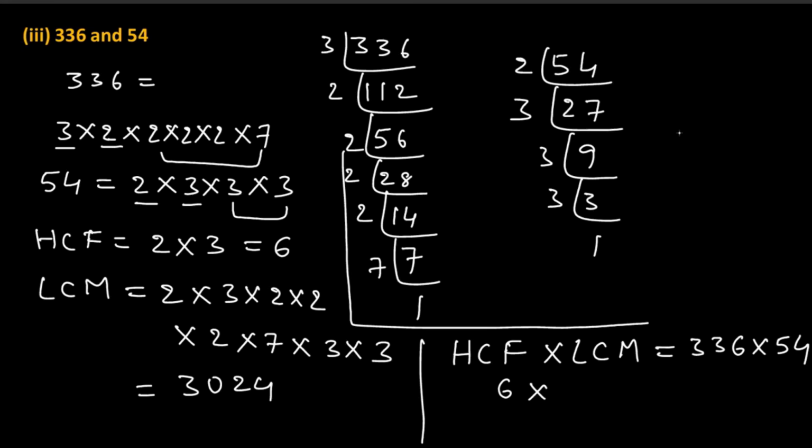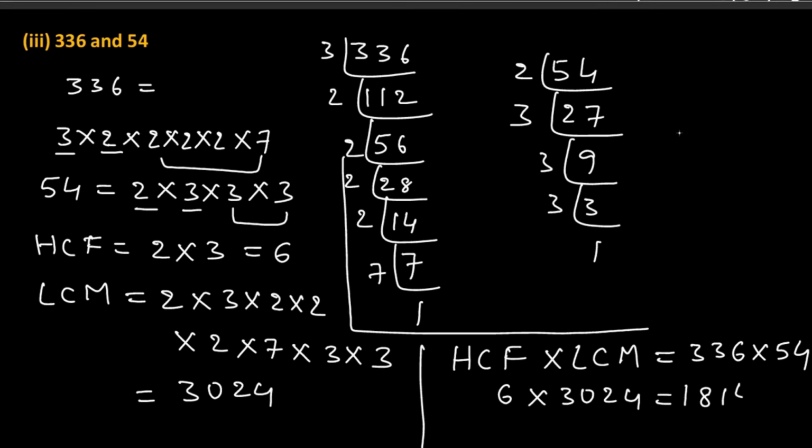So 6 into 3024, if you multiply these two, you will get the product as 18,144. Here also you will get the product as 18,144. Hence proved. What is the next question?